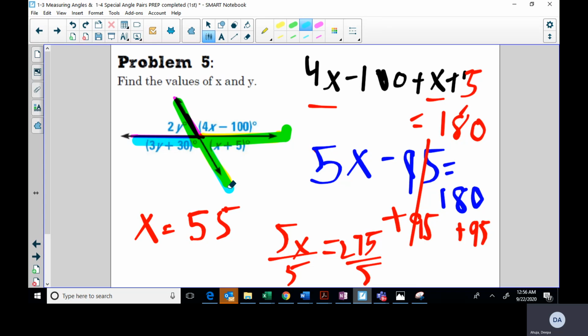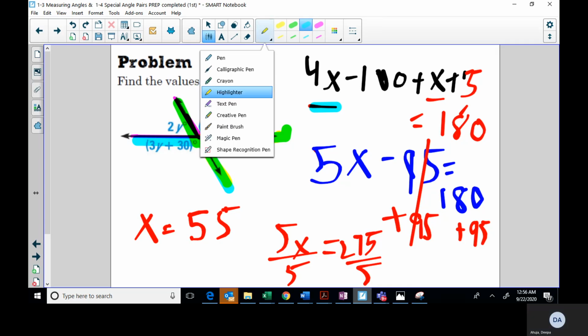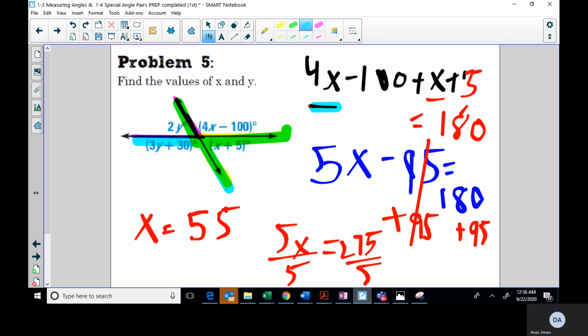So I repeat again how we set this up. 4x minus 100 plus x plus 5 is equal to 180. In this case, we combined the like terms together. That is your 4x and x together. That will make it 5x.